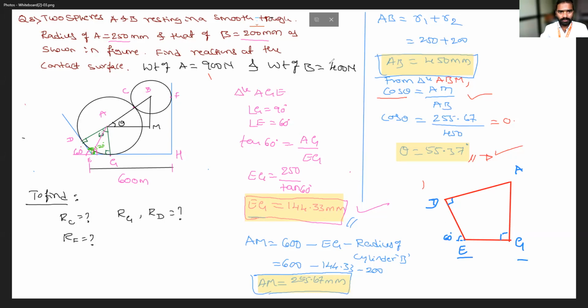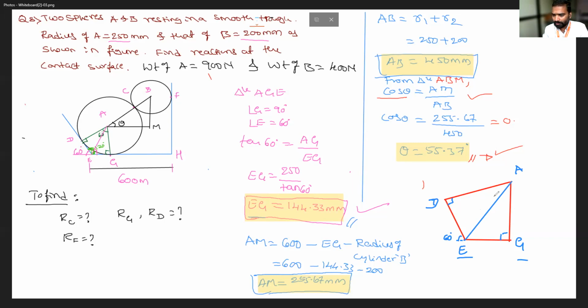So here what I will do? I will draw a triangle. So if this is equal to 60 degree, inside how much is the other angle? 120. Okay, this will be 120. If it is 120, this is 90, this is 90. The total angle at A, how much remains? 60.